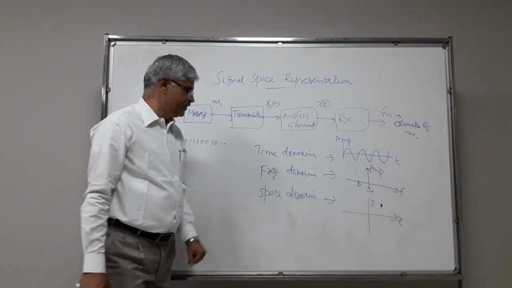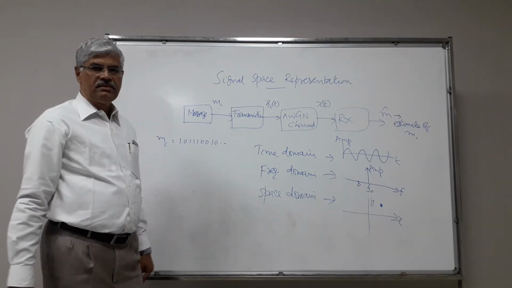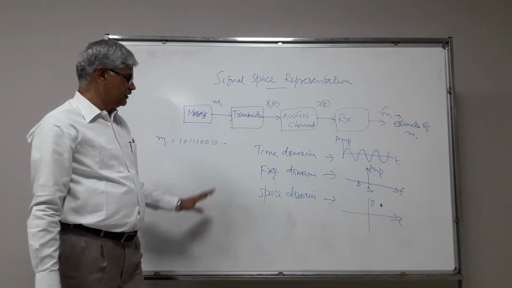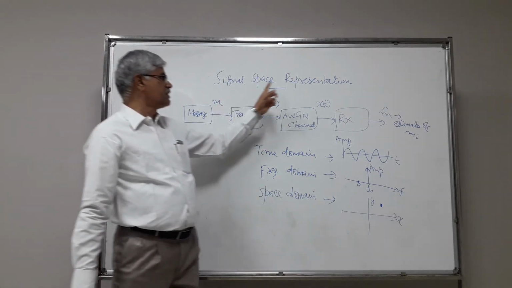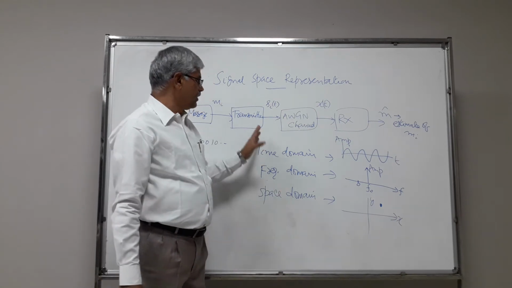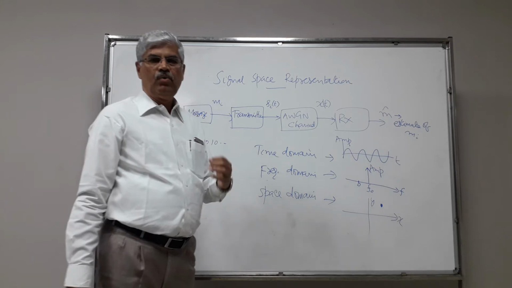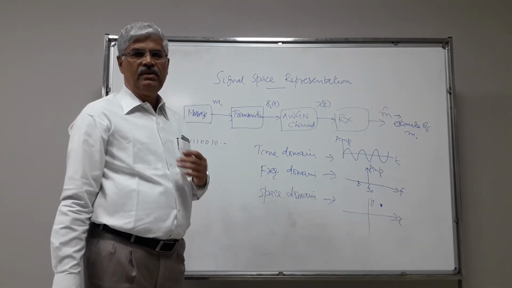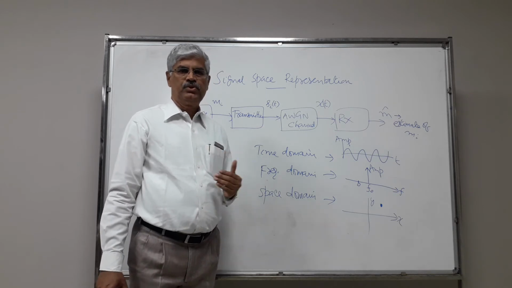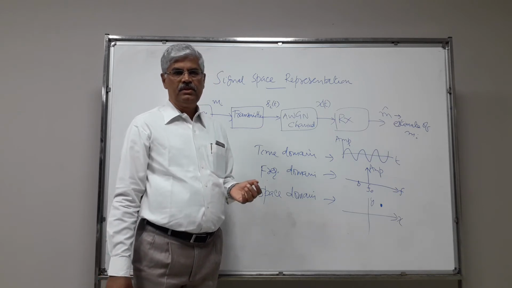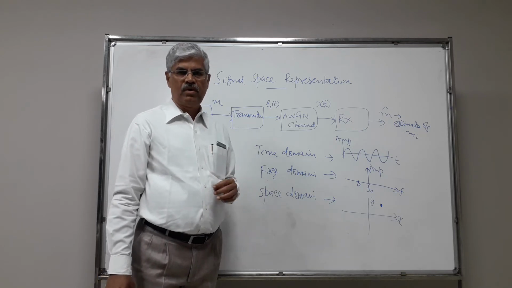So now let us see in general how we can represent the signals in the space. It's called a signal space representation. So you represent this signal in the space domain. So how do you do that? For which we need to understand a certain mathematical approach of representing waveforms using what are known as orthogonal basis functions.